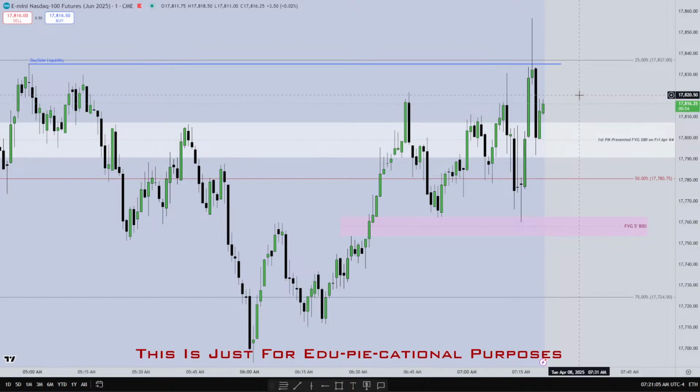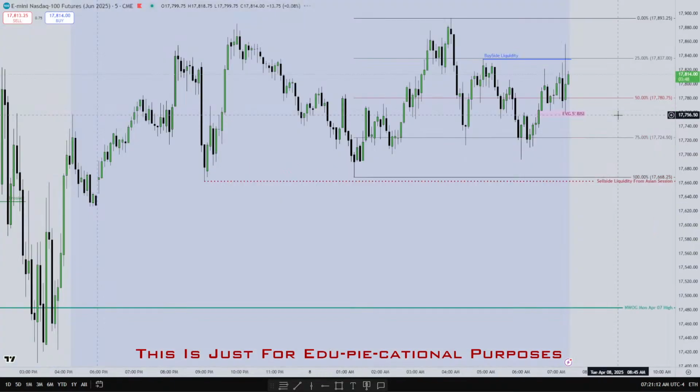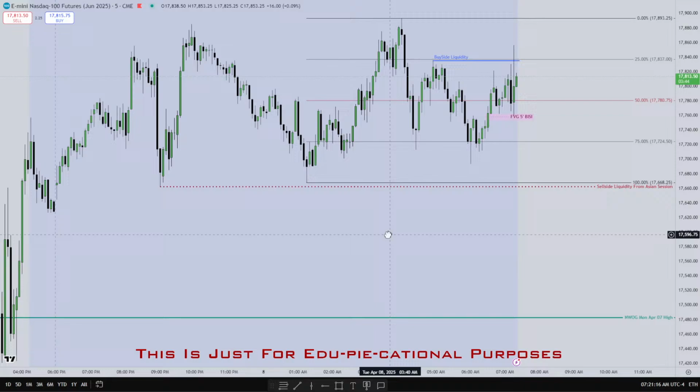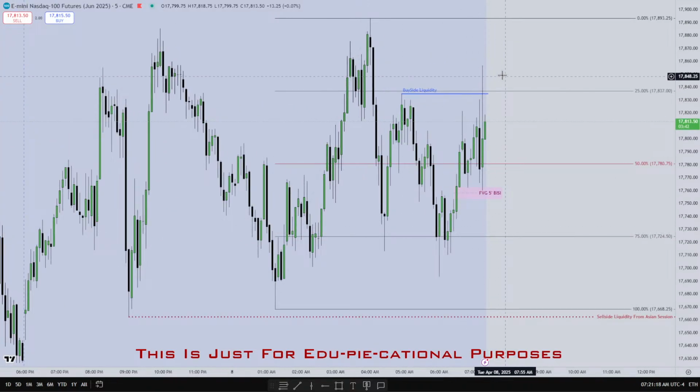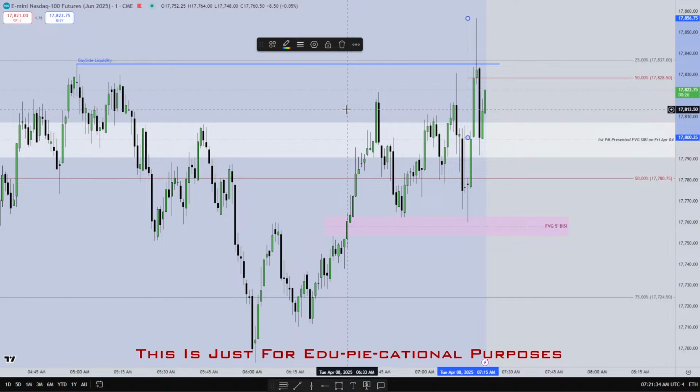Okay, it's 7:21 and let's see the market in the 5-minute chart. As you can see here, we have this attempt to clear the buy side liquidity. Now, I would like to measure the wick here and show the consequent encroachment of the wick and see how the market is reacting.